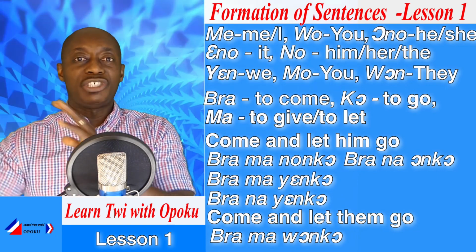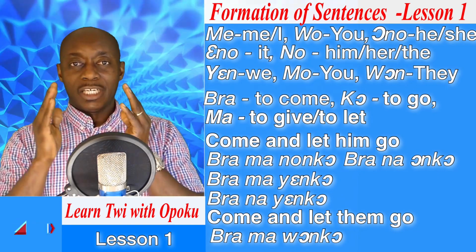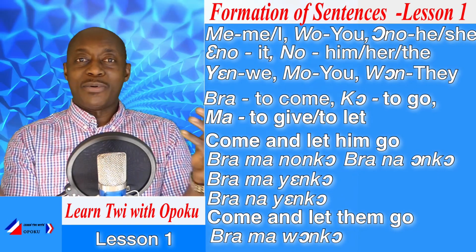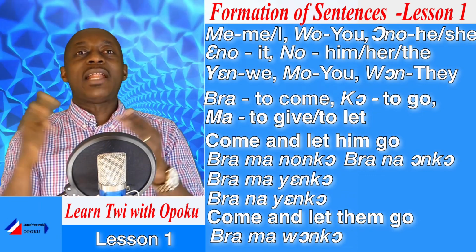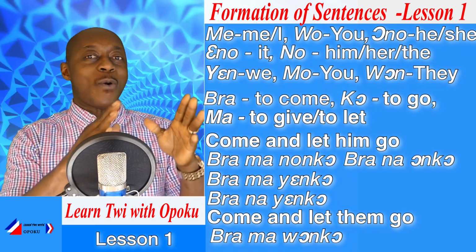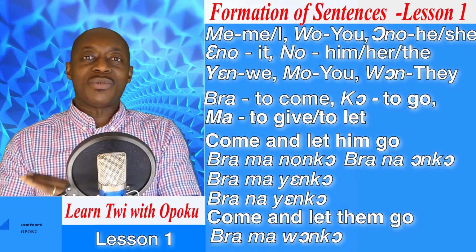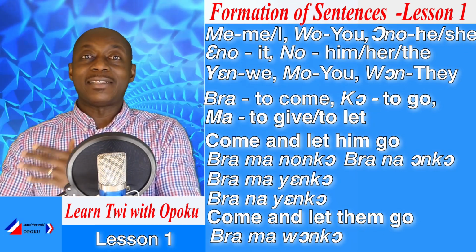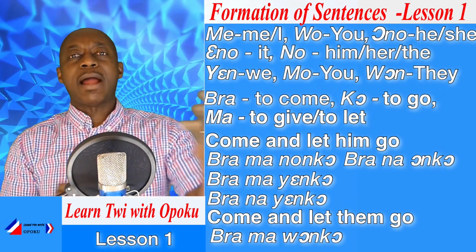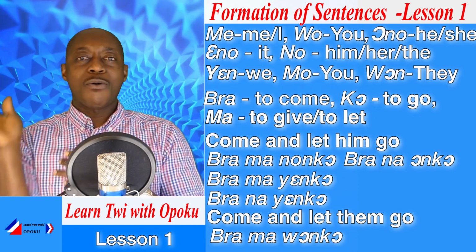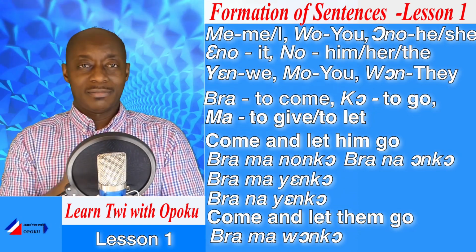In much the same way, when you are using a singular pronoun, the ko will still remain ko. Unlike English, where we will get go and then goes. In Twi, the verb remains the same. And that makes it easier. Good. So we will say bra ma wɔnkɔ. Come and let them go.